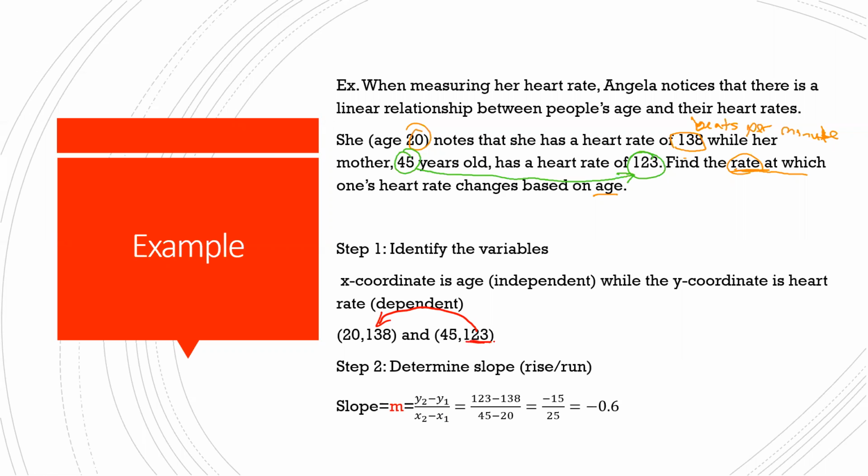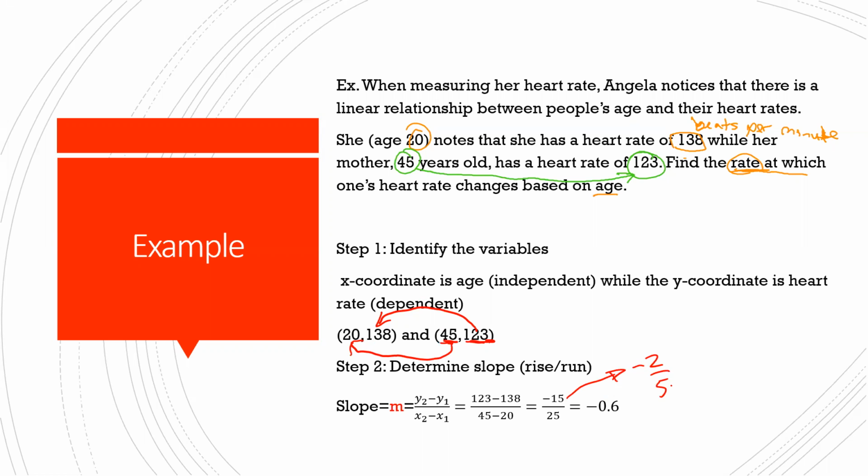Since I started with 123 minus 138, the second point minus the first point, I have to do the same for the x-coordinates. I'm going to take 45 minus 20, and 45 minus 20 gives me 25, and then I end up with negative 15 over 25. And this technically reduces to a fraction, which is negative 2 over 5.